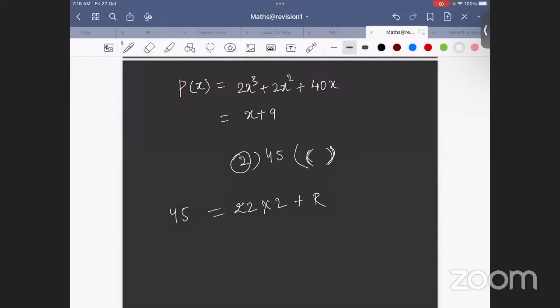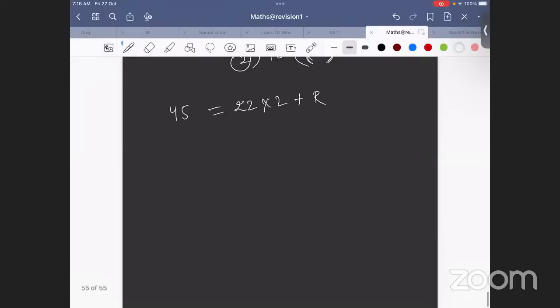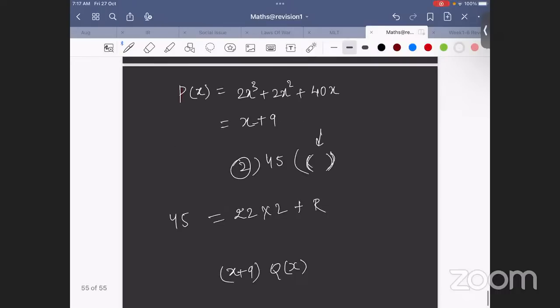Correct? Yes, sir. In the same way you can write it for this polynomial. If you are dividing by x plus 9, there will be some quotient q(x).